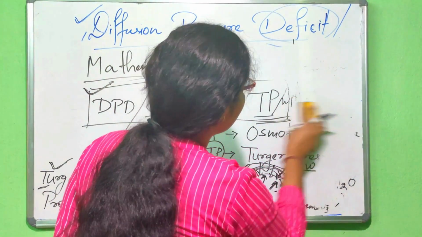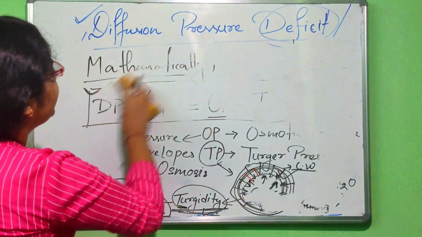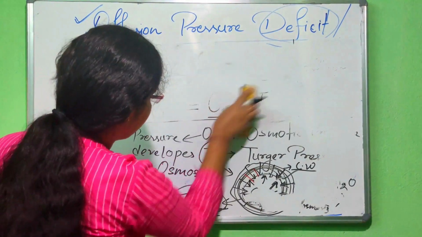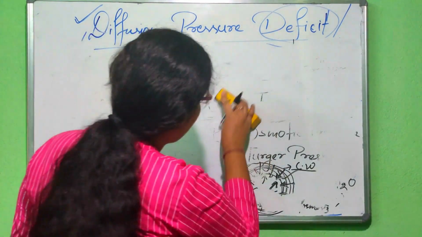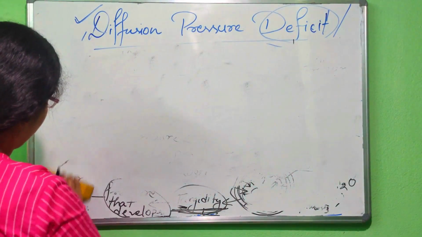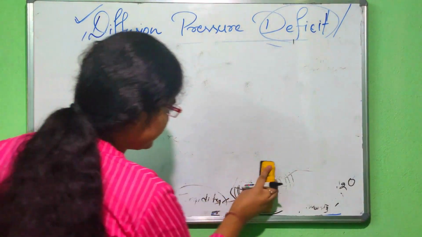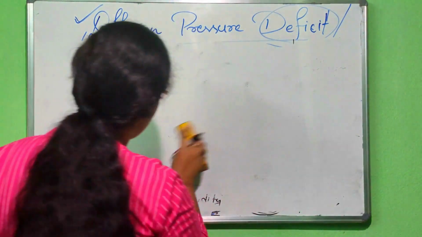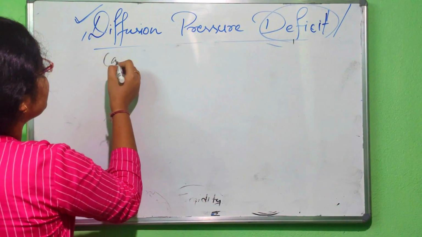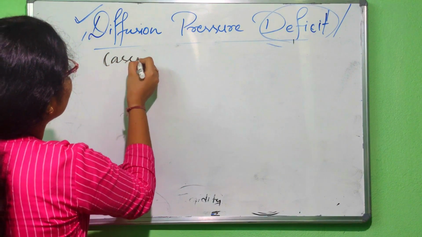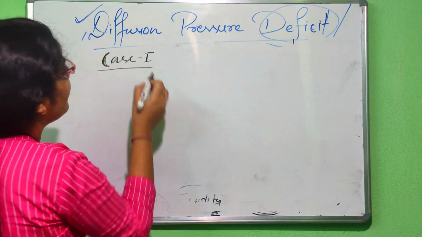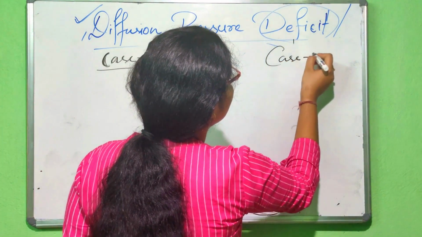Next comes the two cases of DPD, or diffusion pressure deficit. We will see what events occur in these two cases. This is case 1 and this is case 2.